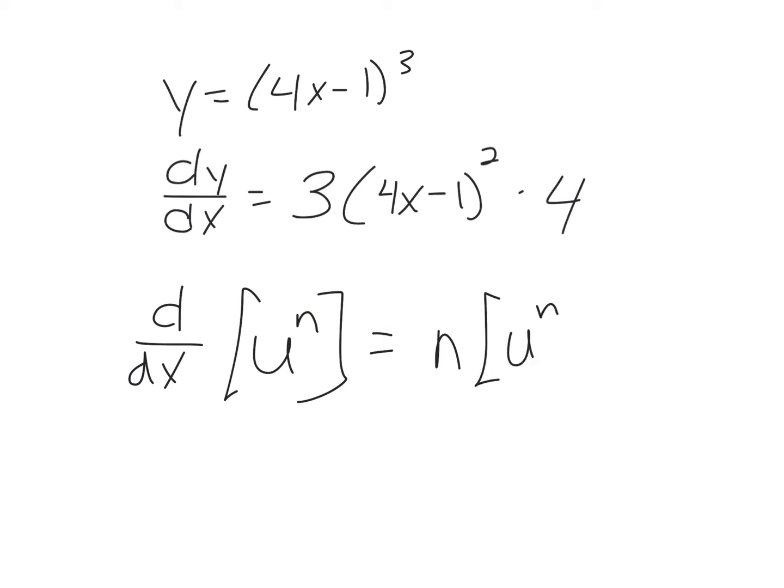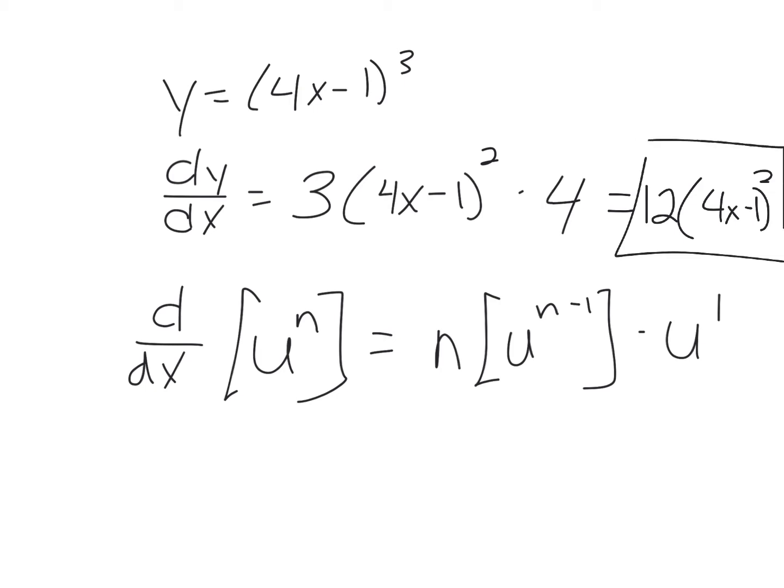Inside stays the same, except we subtract 1 from the exponent, and then we multiply by the derivative, which is essentially what we did here. We brought the exponent up front, took 1 away using our power rule, and then multiplied by the derivative. We can simplify this a little bit more: 12 times parentheses 4x minus 1 to the power of 2.